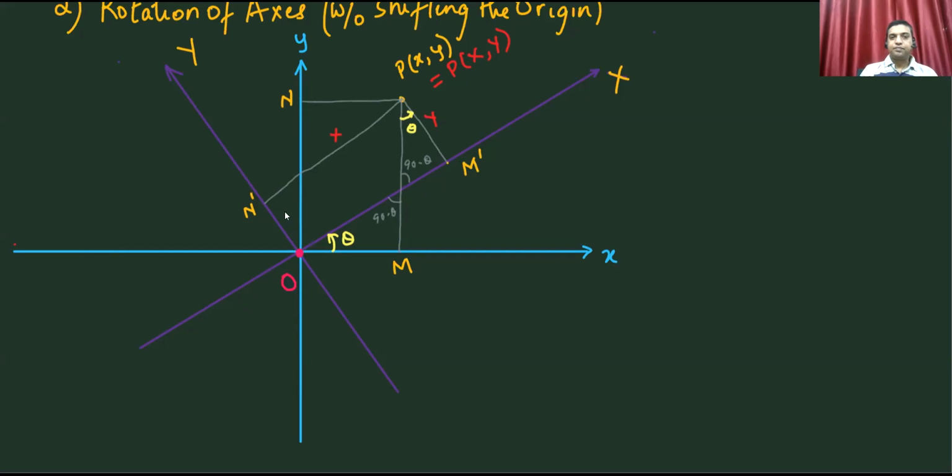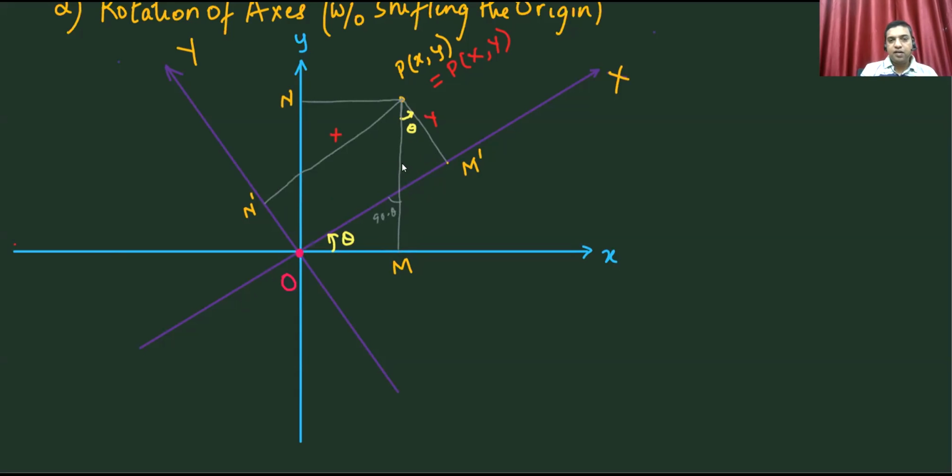Got it? Now, I don't want to emphasize this part because I want to draw something there. So understand that this is 90 minus theta.